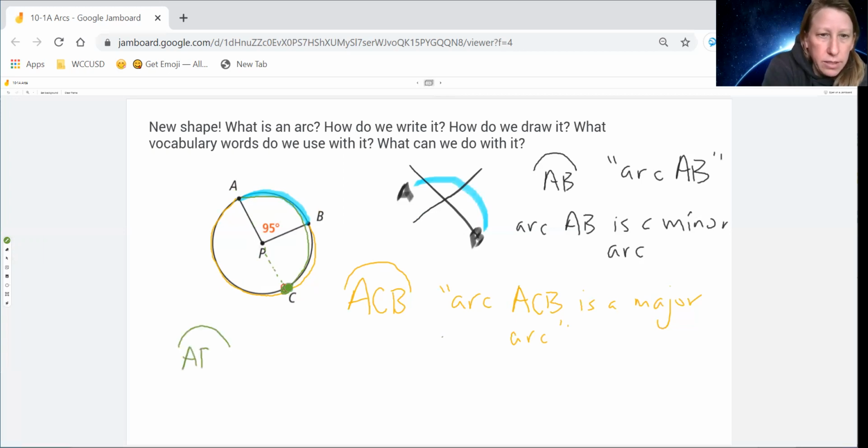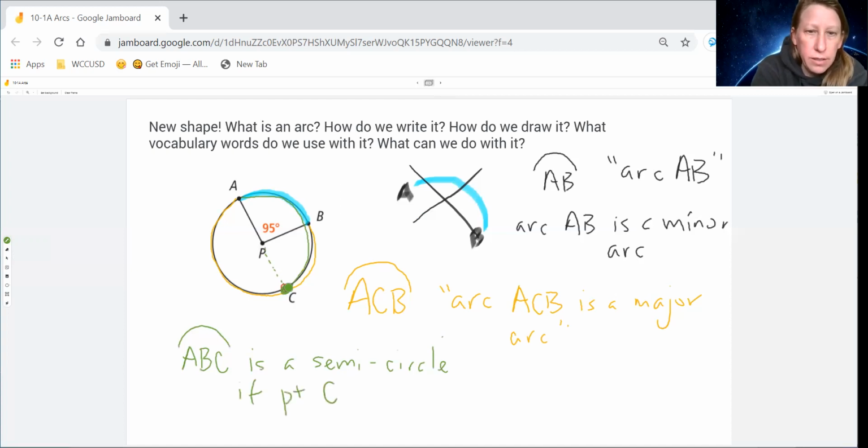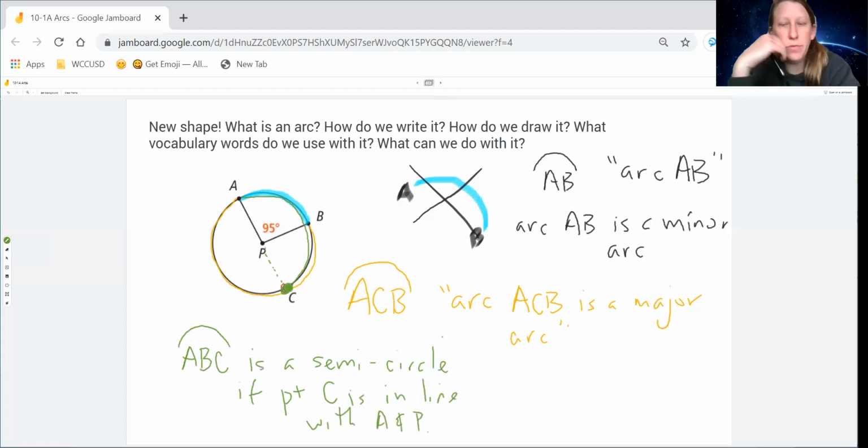A, B, C is a semicircle. That's if C was sort of on the diameter. If point C is in line with points A and P. Okay, so that's some things.